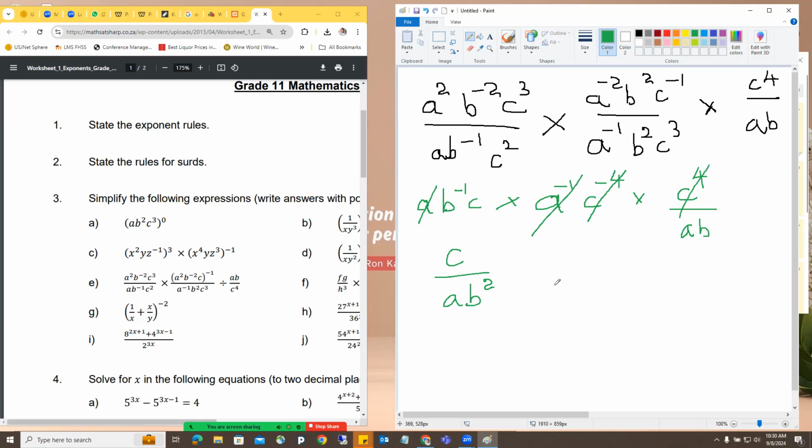AB squared. But what happened with my previous one? Okay. So this answer is correct. But I didn't make any changes. Did I make some mistakes with the previous part? No, right?